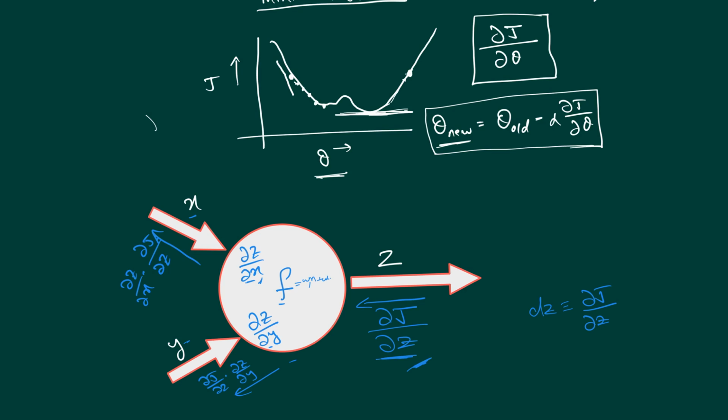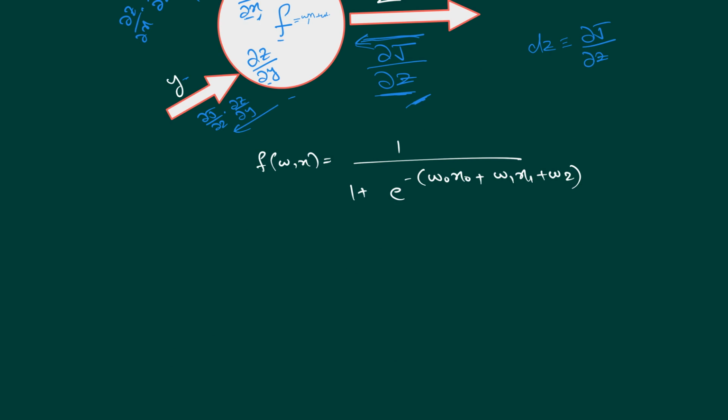So if there are other neurons out here that are sending x over here, then what they get in the backward flow is del j by del x, which is their output. The output of this neuron is x, remember, and now it's getting it in this direction, which is the same thing that we are looking at out here. So this is going to be that symmetric view where the gradients are flowing in the opposite direction.